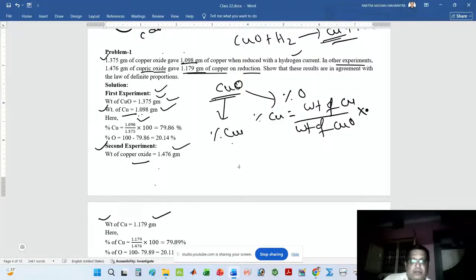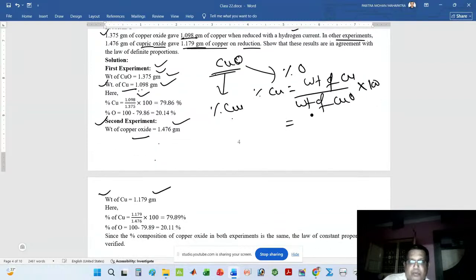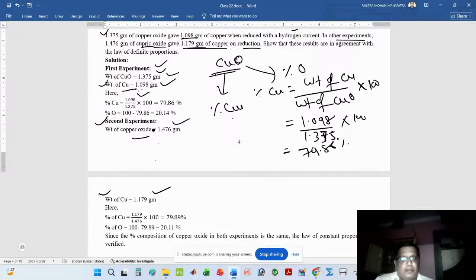If you calculate, you will find the percentage of copper is 79.86. In copper oxide, two elements are present. One is copper, another is oxygen. So you can say that in copper oxide, percentage of copper plus percentage of oxygen equals 100, because two elements are present.